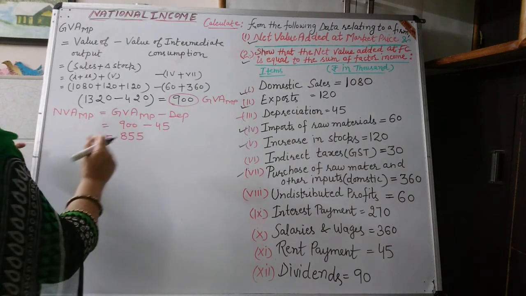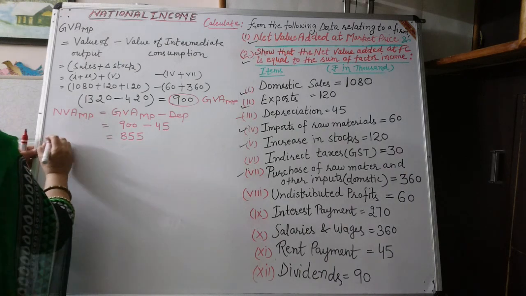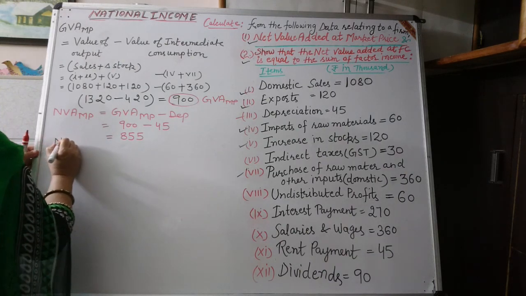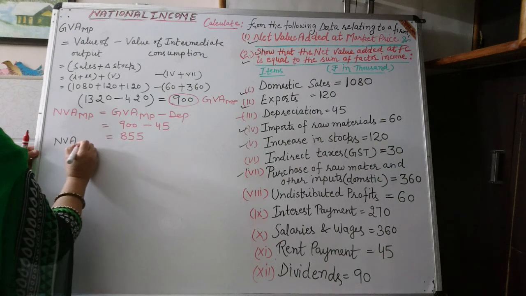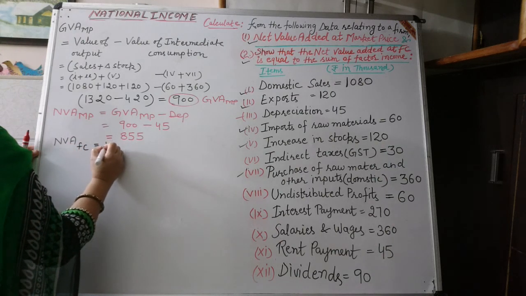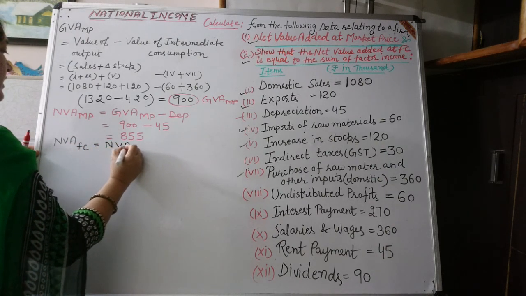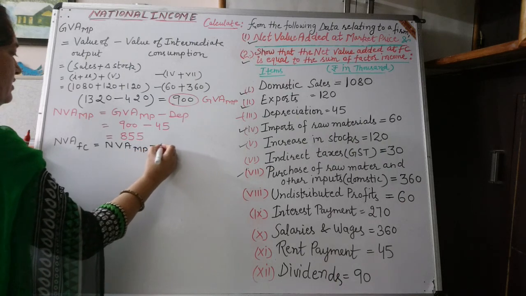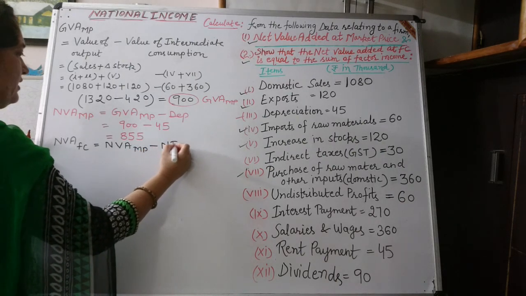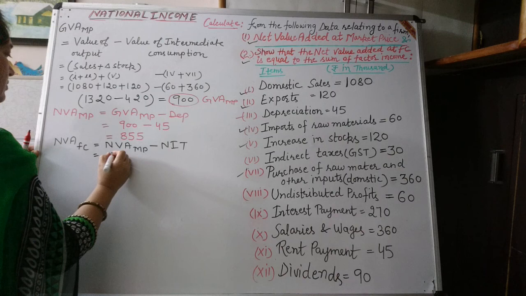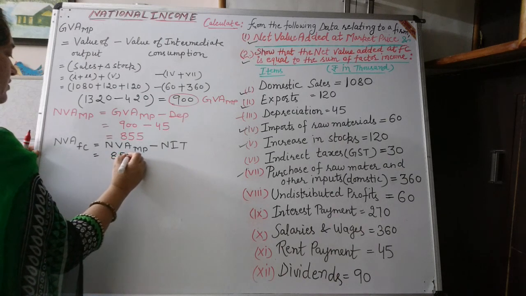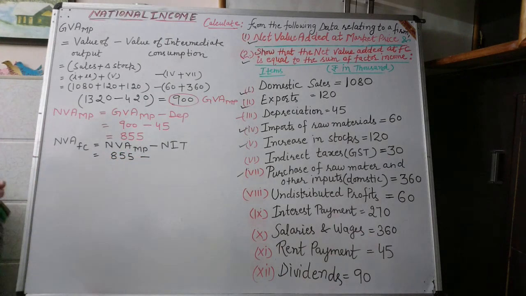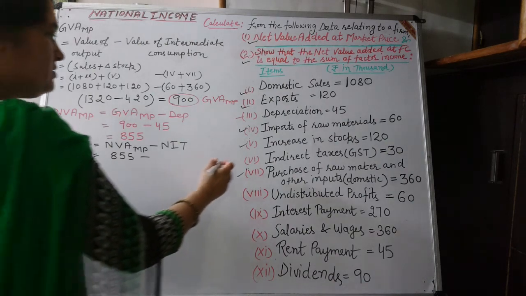Next we have to prove that net value added at factor cost. Net value added at factor cost is equal to net value added at market price minus net indirect taxes, is equal to 855 minus net indirect taxes.